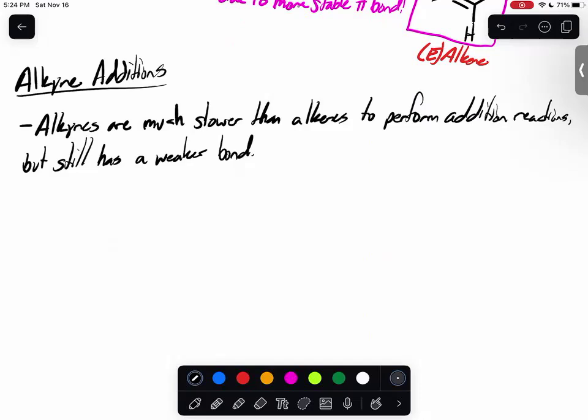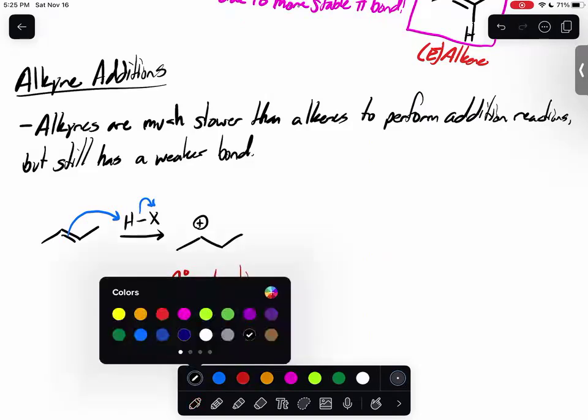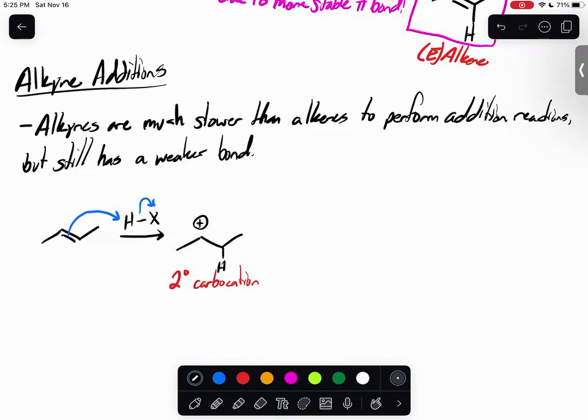So when we're looking at our alkyne additions, we can compare these to alkene additions by thinking about what happens if we add in HX, right? In the case of alkenes, the alkene acts as a nucleophile. It comes in, it attacks, and we end up adding the proton and generating a secondary carbocation. But what happens with alkynes?